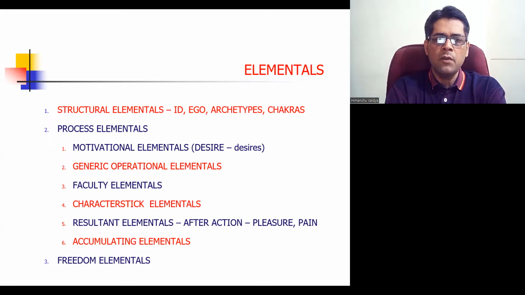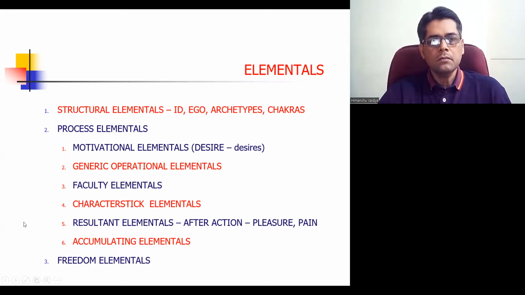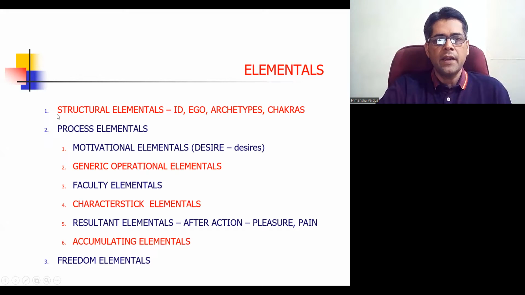To take an overview of all elementals, we can divide all elementals in heat into three categories: structural elementals, functional elementals or process elementals, and freedom elementals. And the functional elementals or process elementals we can further subdivide into motivational, generic operational, faculty, characteristic, resultant, and accumulating.